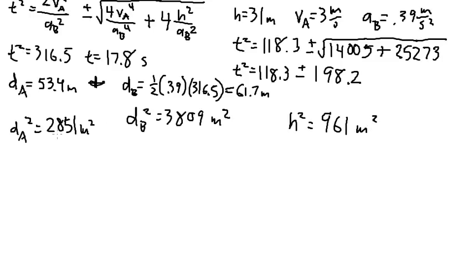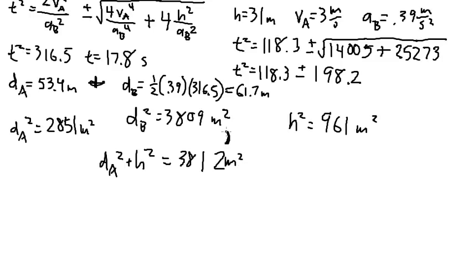So does 2851 meters squared plus 961 meters squared equal dB squared? So dA squared plus h squared equals, let's see, 3812 meters squared. And thank you, Sydney. This is a cat coming through.